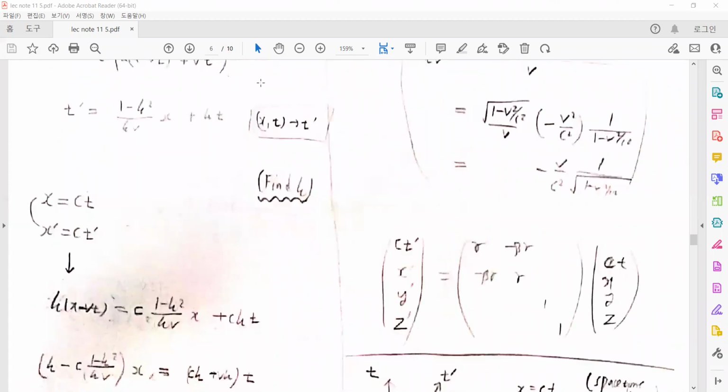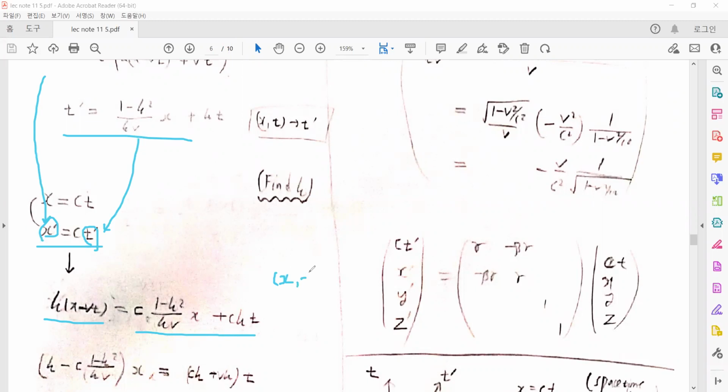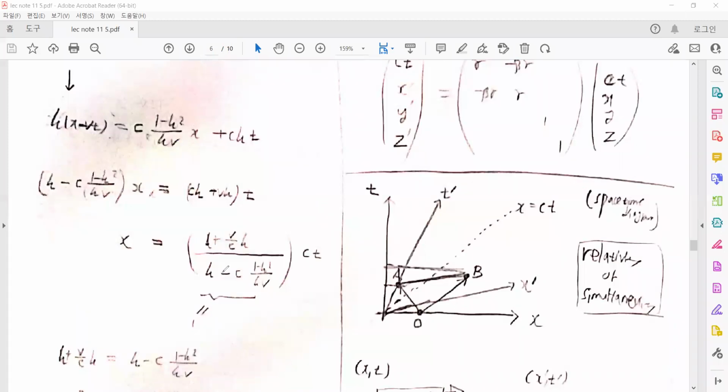Then x prime equal to ct prime is expressed only with x and t in the coordinates of the last frame. If we rearrange, with all the x terms on the left-hand side and all the t terms on the right-hand side, it should be the same as x equals ct, so such a factor should be equal to 1.